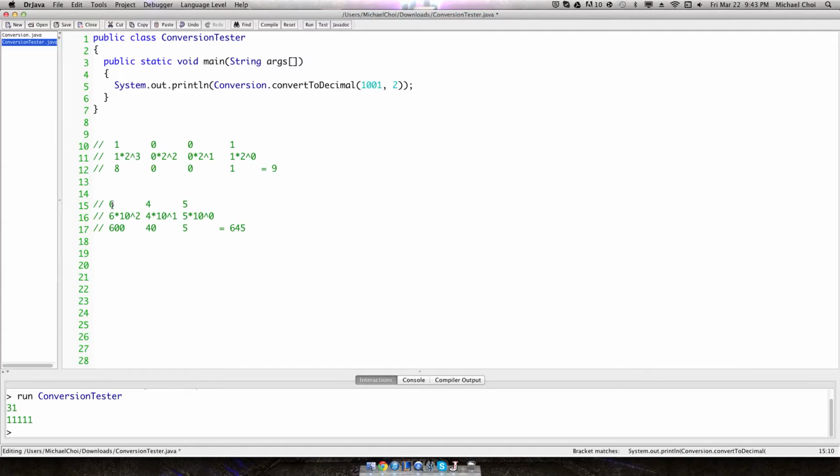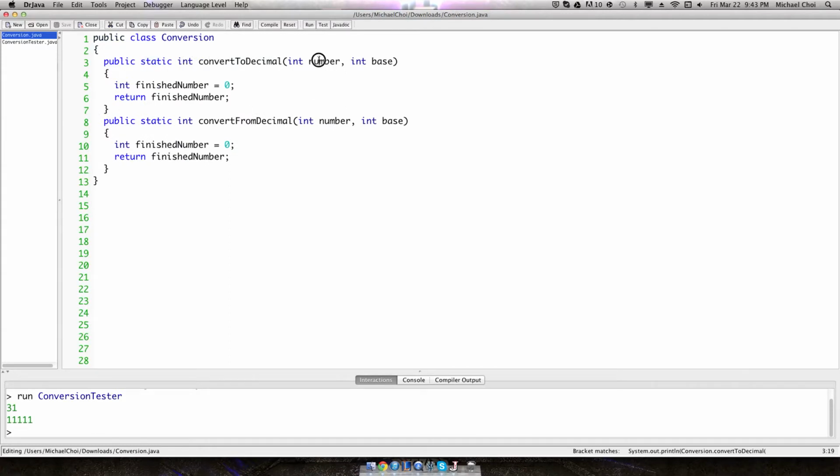So it's going to be 6 100s, 4 10s and 5 1s, okay? So the way we're going to represent that is 6 times 10 to the second, 4 times 10 to the first, and 5 times 10 to the 0th, okay? The reason we're doing this is because in decimal, our base is 10, okay? So let's get started.